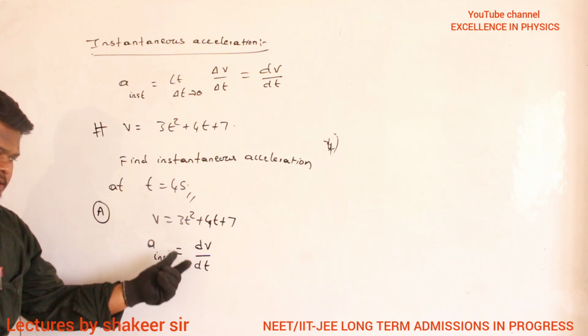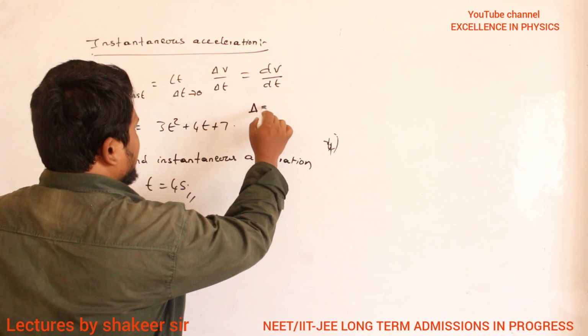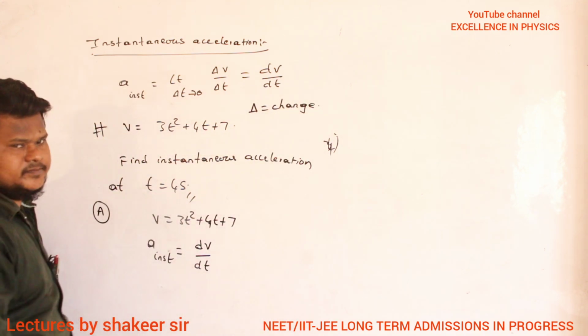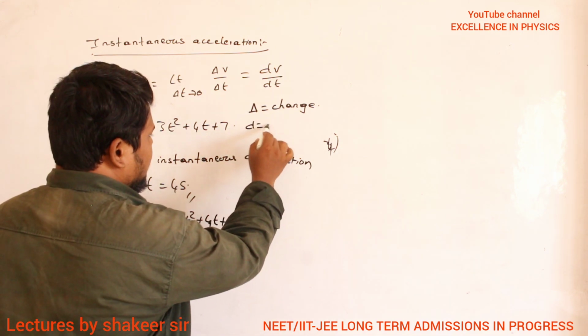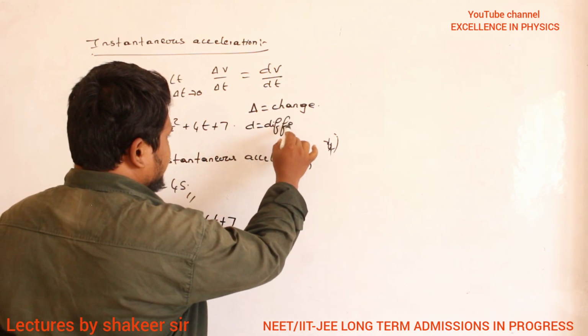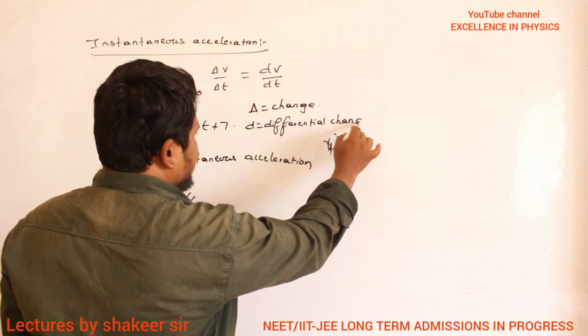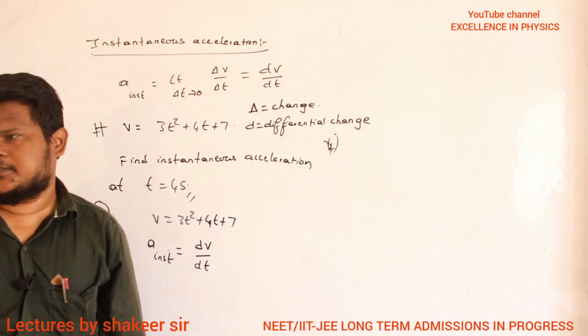Very small change in velocity, very small change in time. Clear ma? See here, delta is called change ma. Delta is called change. Small change, big change, anything. Okay. But d is called differential change. Differential change means very small change, you can call it as differential change.